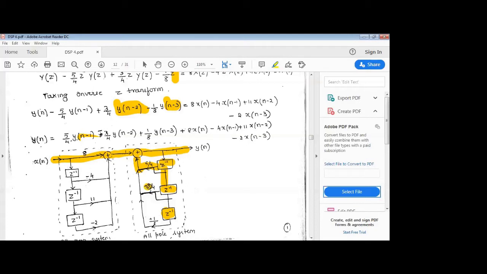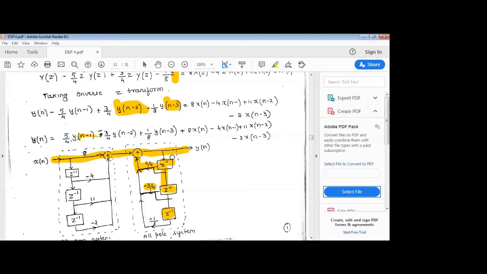So this is minus 3 by 4 into y of n minus 2, with the summing point connecting to the same summing points here. Next it is 1 by 8, of course, which is plus over here, so plus 1 by 8 into y of n minus 3. That is what we are trying to write in terms of y of n.